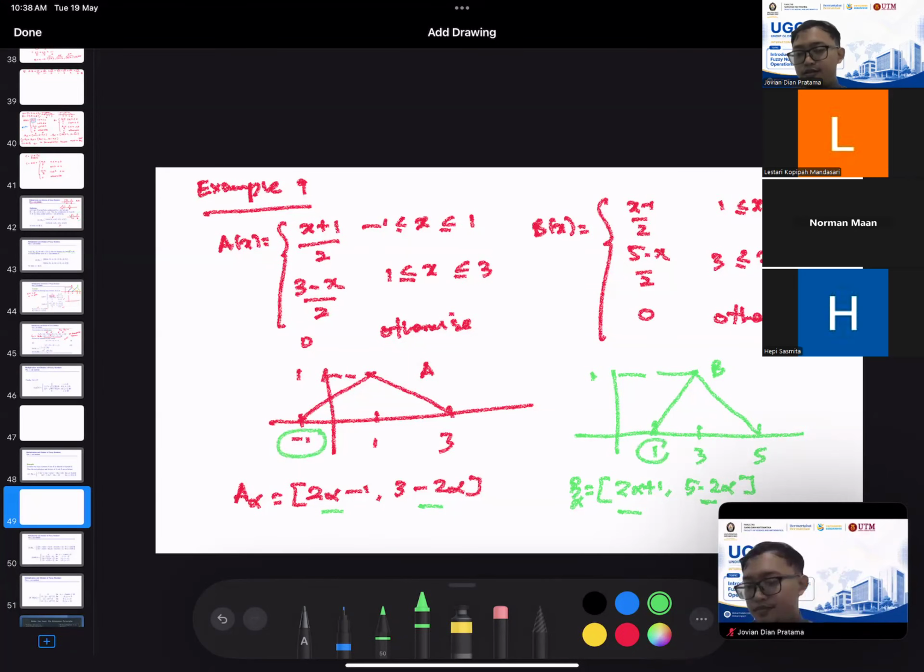But when you multiply minus 1 with the 5 here, you will get minus 5. So when x for A is between minus 1 and 0, the multiplication of A and B is different from the multiplication for x from 0 to 1.